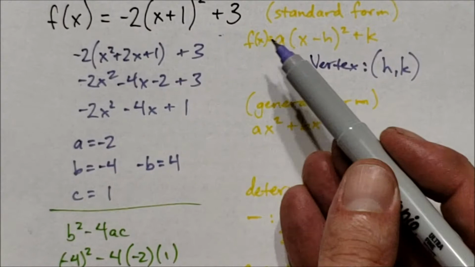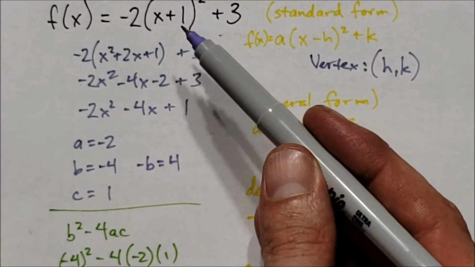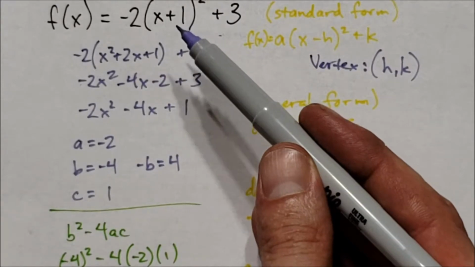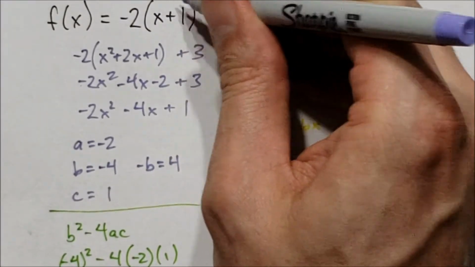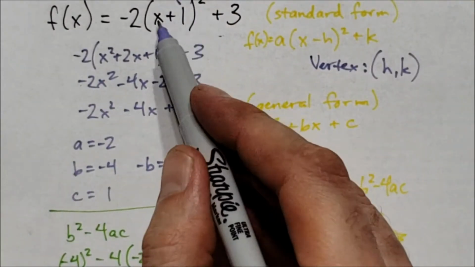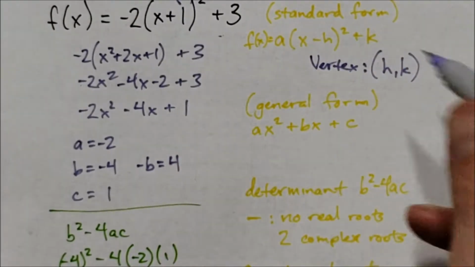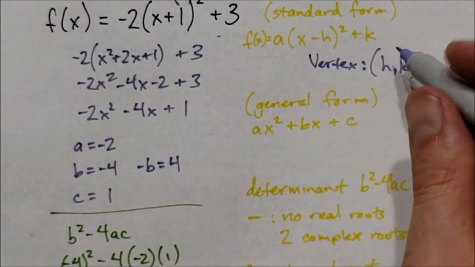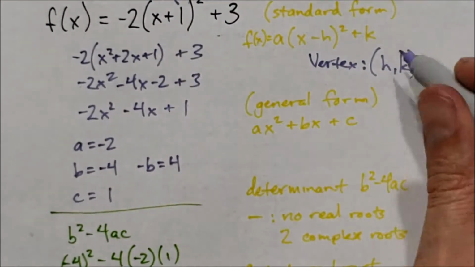It's negative 1 because the form we're looking for is x minus h. Well, this is an x plus 1, not a minus. So this is really minus a negative 1. X minus a negative 1 turns into a positive. So in this case, the vertex is negative 1, comma 3.